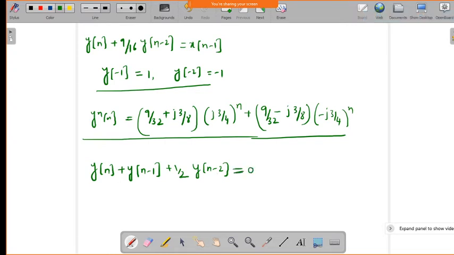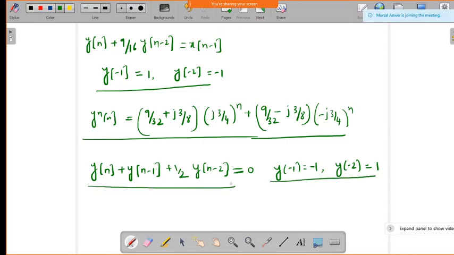There is no input given in this problem, with initial conditions y of minus 1 equal to 1 and y of minus 2 equal to minus 1. So these are the initial conditions. Now try to find out the natural response.